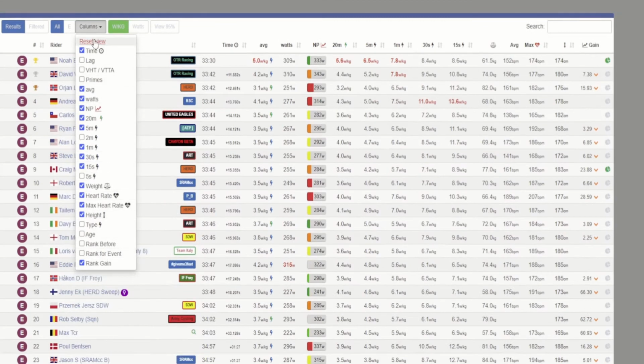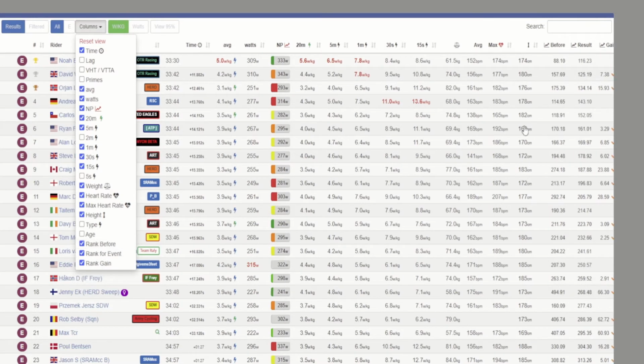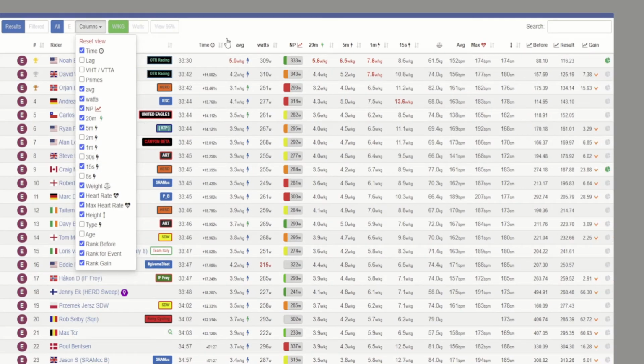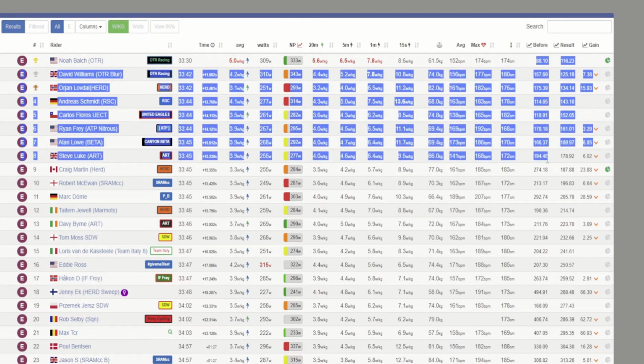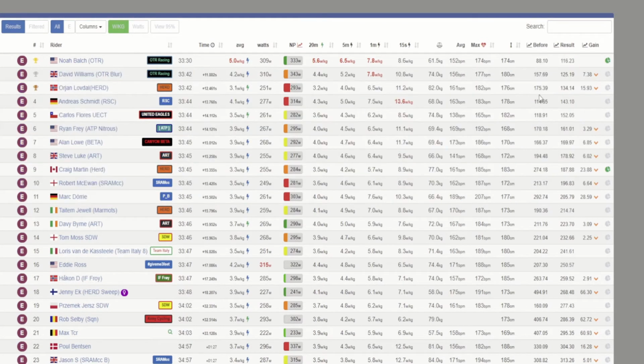You can add or remove any of these columns here. So you can put your rank for the event and rank before the event. Let's just get rid of the 30-second power to make this look better. And you can see everybody's ranking before the event, the result they got for the event, and whether that improved their ranking or not.